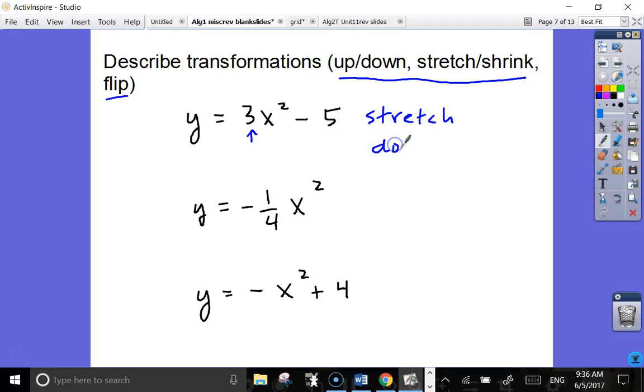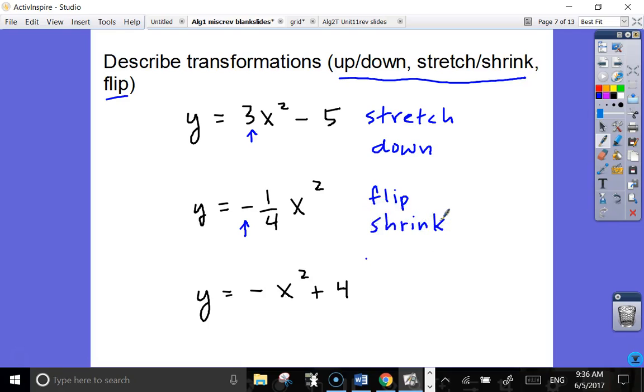Down. There you go. Okay, what does putting a minus in front of it do? We've got a word for that. It's up there in the parentheses. It's a flip. Right? And how about the 1/4 multiplying? It's a shrink, right? Shrink. It flattens it out kind of, right?